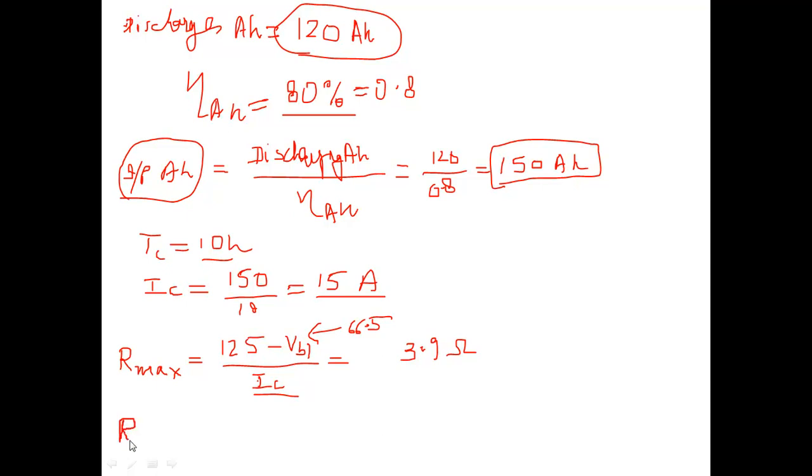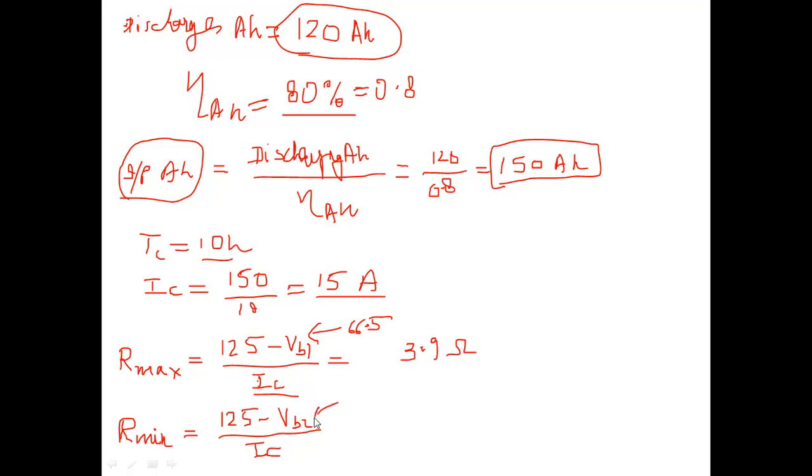Next we move on to case 2, where the minimum external resistance has to be connected. We are using the same expression, that is 125 minus VB2 divided by the charging current IC. IC will remain same, that is 15 ampere.